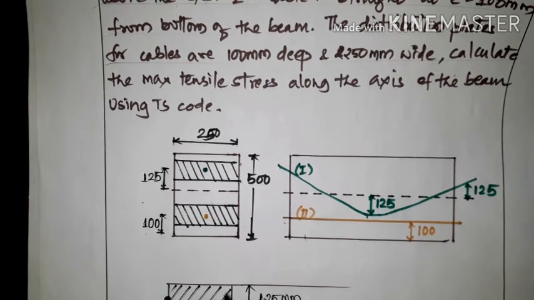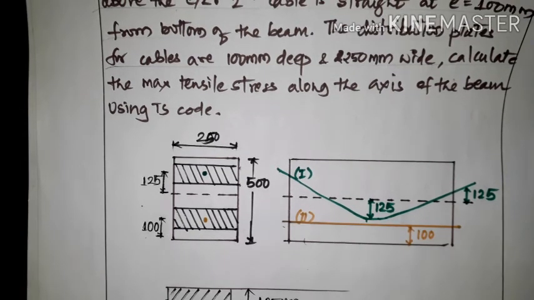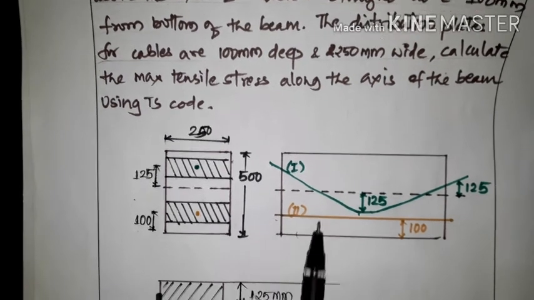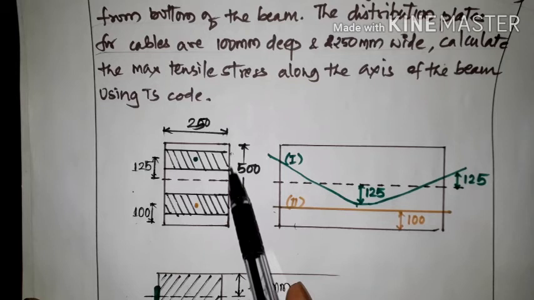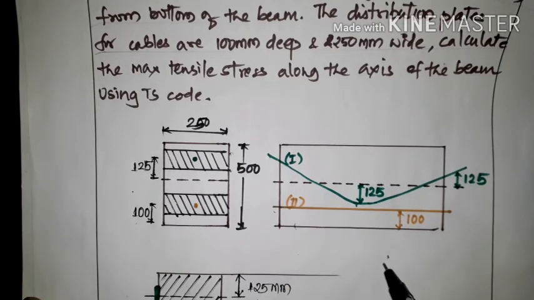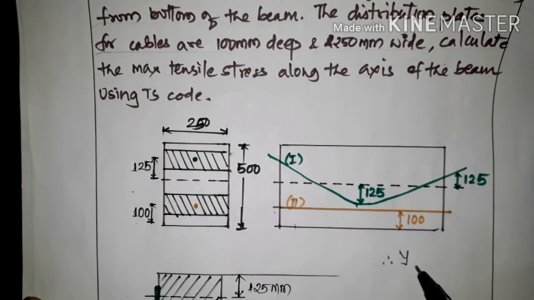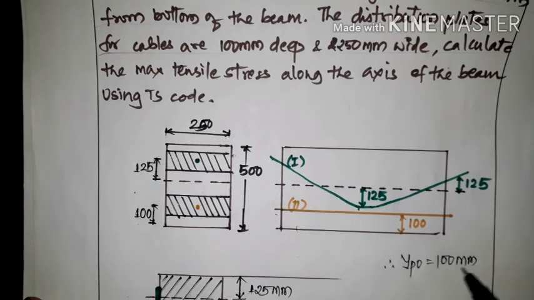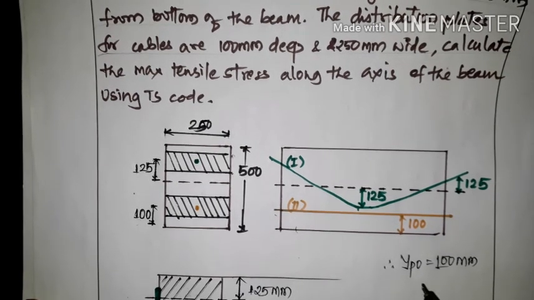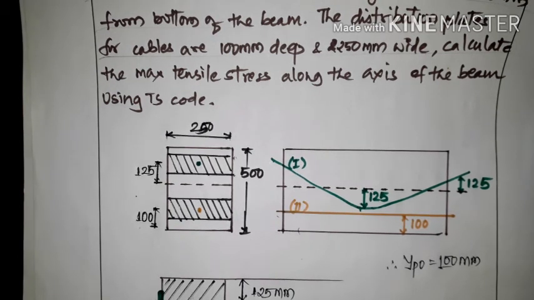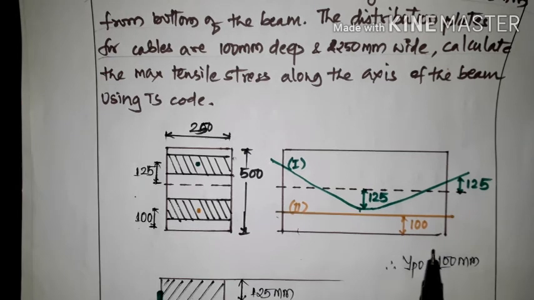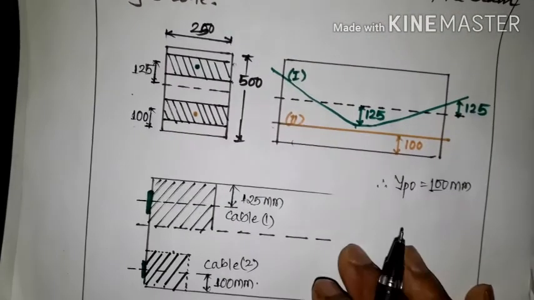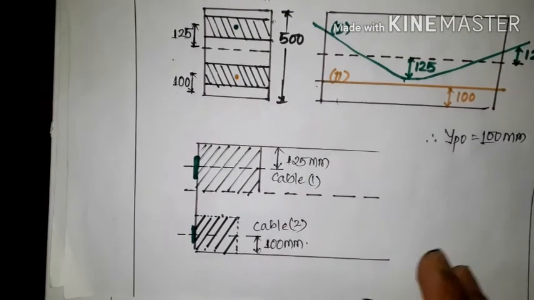Okay, so now, because they are given directly the size of the plate as 100 mm, therefore I can write yp naught is equal to 100 mm. Yp naught is equal to 100 mm. Understood? Then for the calculation of y naught, here we can have the stress distribution through the plates.